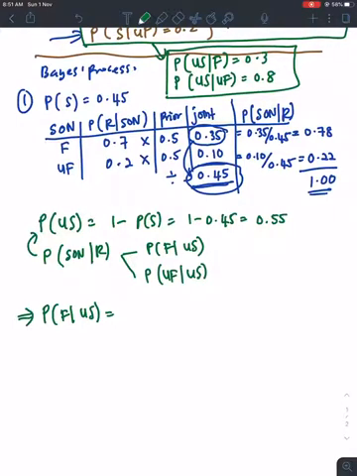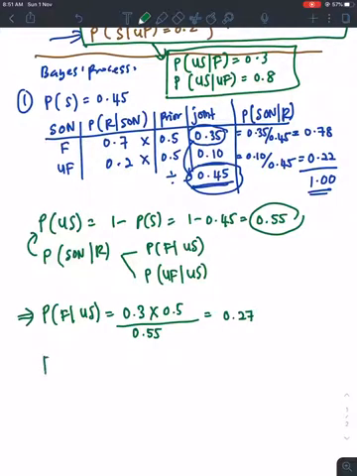Okay. So, kita ada conditional probability times prior probability 0.5, divide by kita dapat probability of unsuccess tadi kan, 0.55. So, kita dapat equal to 0.27.